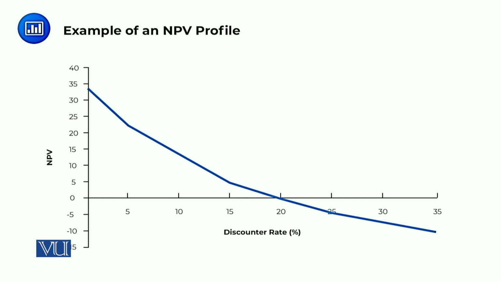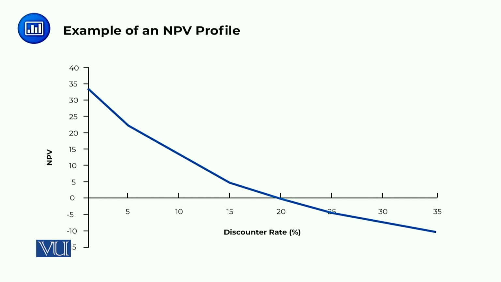As we move forward on the x-axis, हमारा required rate या discounting rate जैसे बढ़ता चला जाता है, हम देखते हैं कि वैसे ही वैसे हमारी net present value कम होती चली जाती है. तो ये जो ग्राफ हमारे सामने है, ये हमें बताता है कि discounting rate का ज़्यादा होना हमारी net present value को कम करता है. And we can see that at 20% discounting rate, our NPV is zero. And that is why we say that higher is the discounting rate, lesser is the net present value.